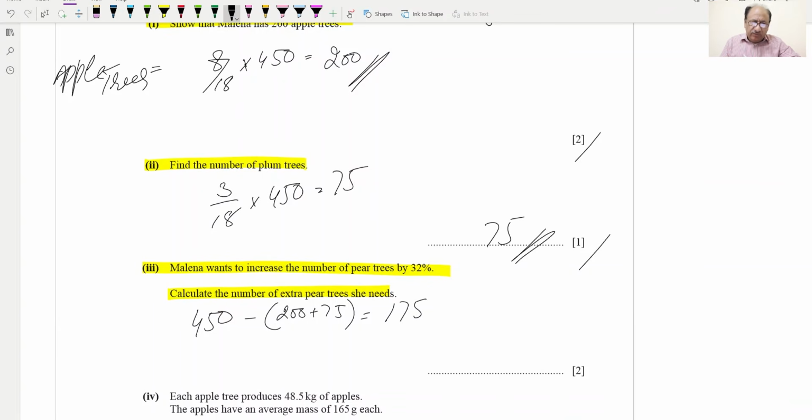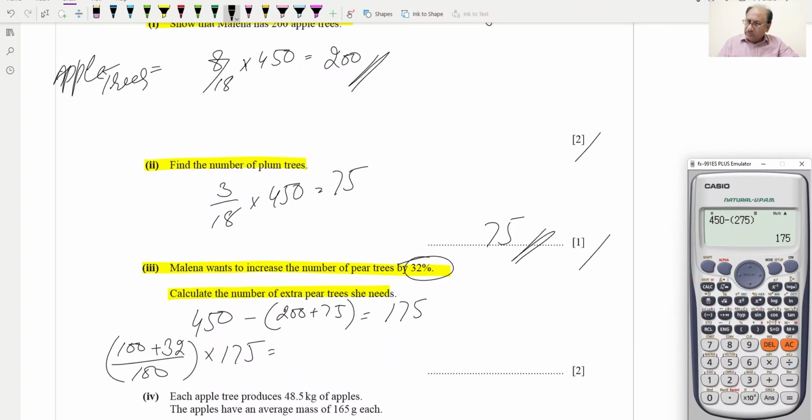Now 175 needs to be increased by 32%, so 100 plus 32 divided by 100. This is how we are increasing by percentage, and this will be multiplied by 175, which is equal to 231.